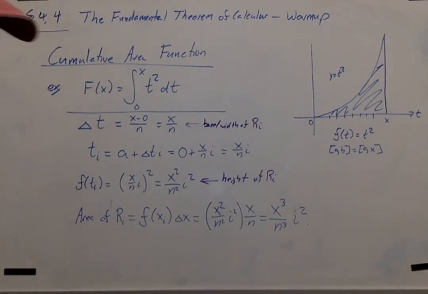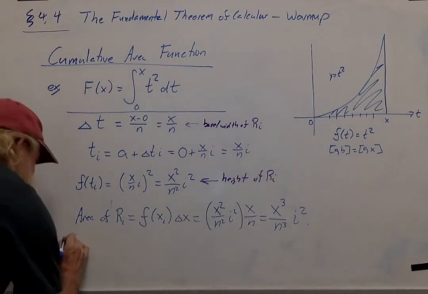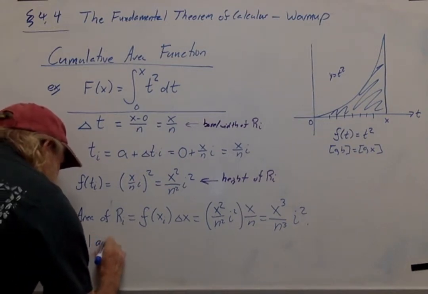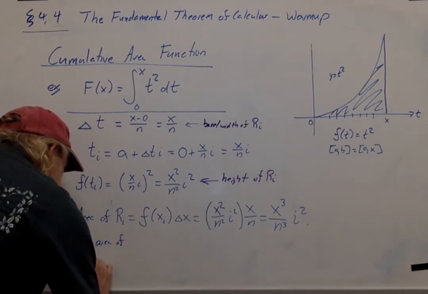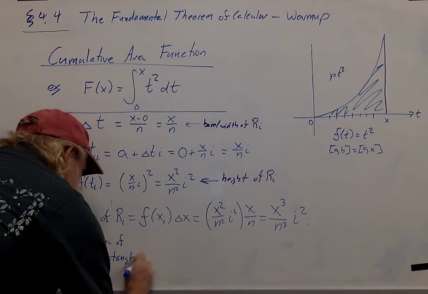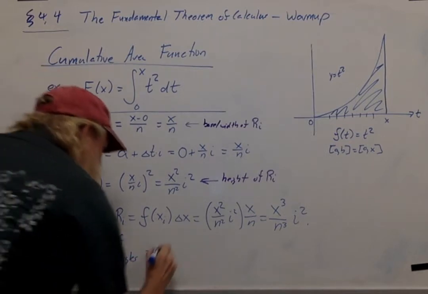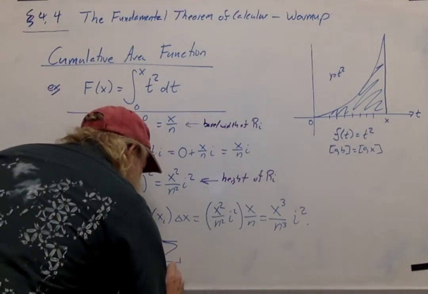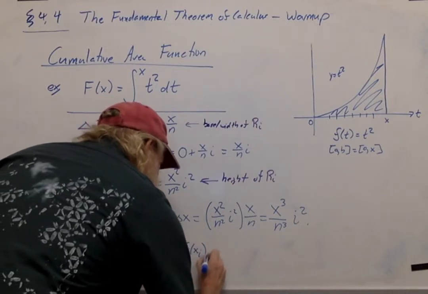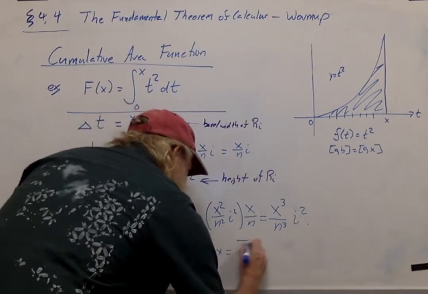Now that's the area of just one rectangle. If I want the total area of all n rectangles, then I need to form the Riemann sum, the sum i equals 1 to n of f of t sub i delta t.